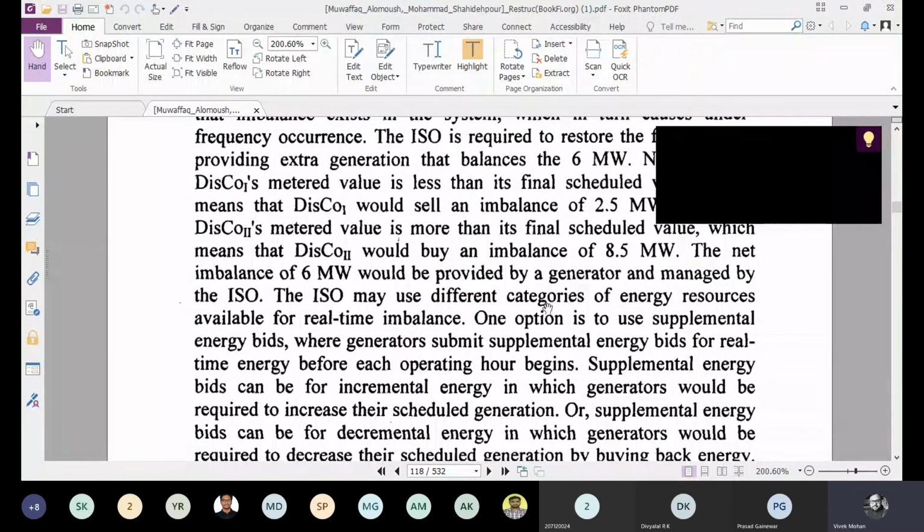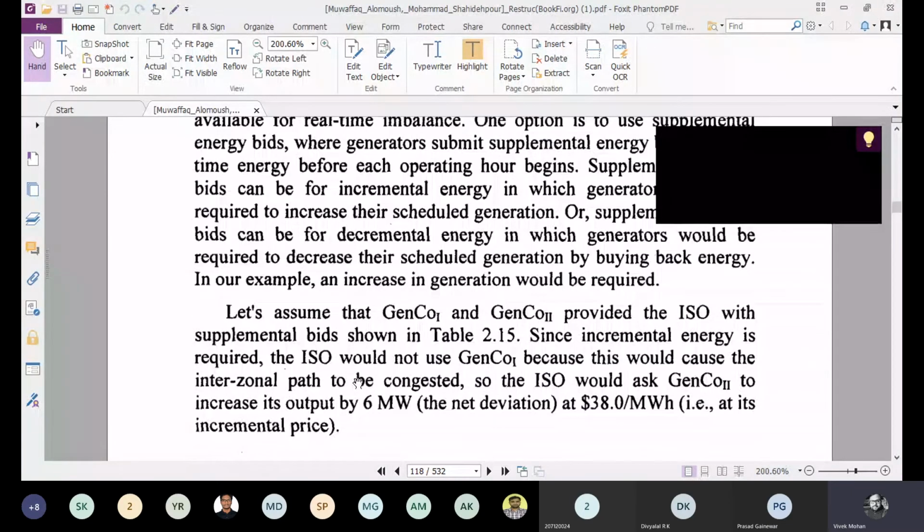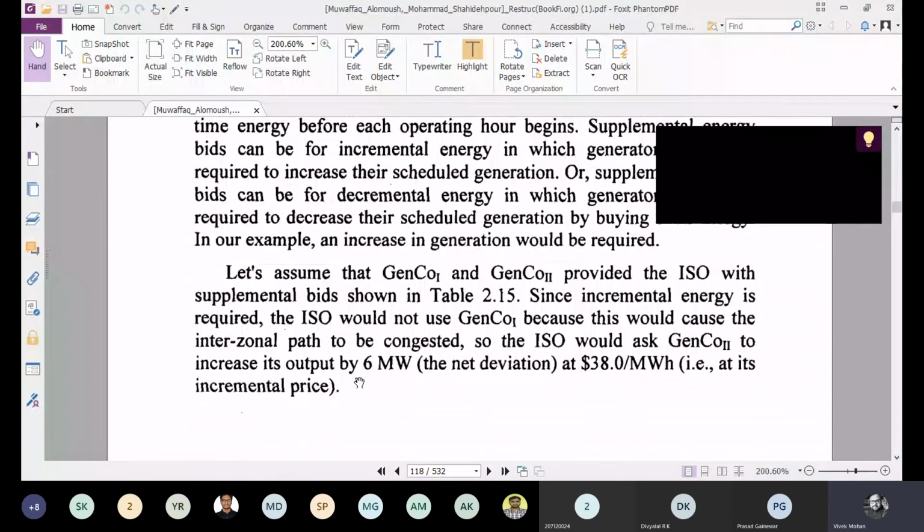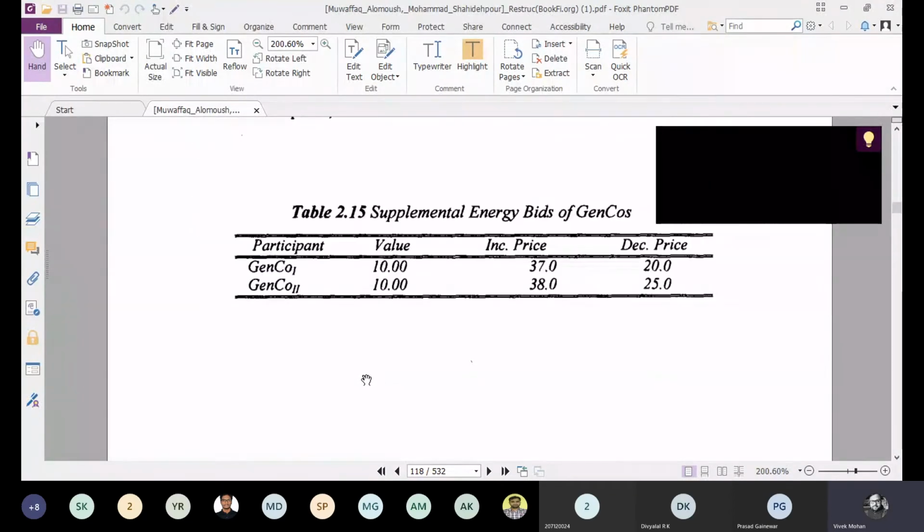The ISO may use different categories of energy resources available for real-time unbalance. One option is to use supplemental energy bids, where generators submit supplemental energy bids for real-time energy. So the ISO can utilize the generators' supplemental energy bids to feed the extra requirement, or to compensate the deviations. The supplemental bids are given in table 2.15.